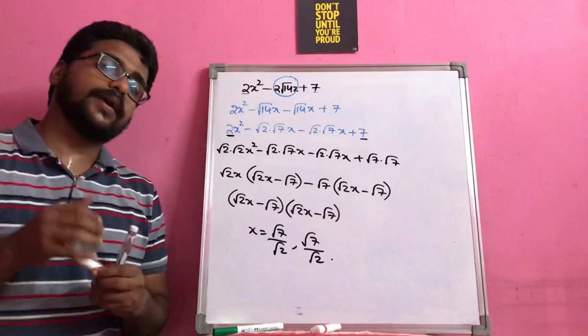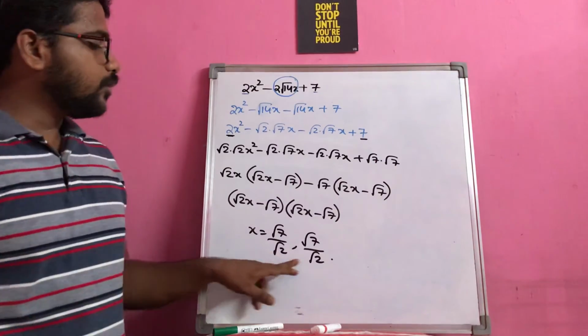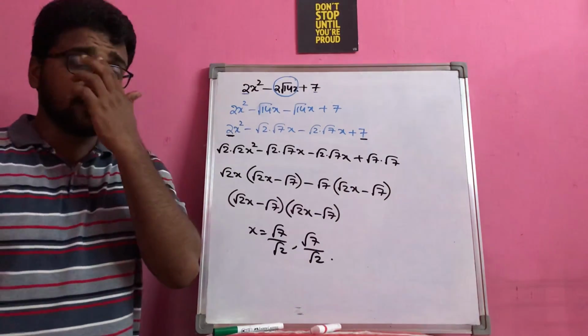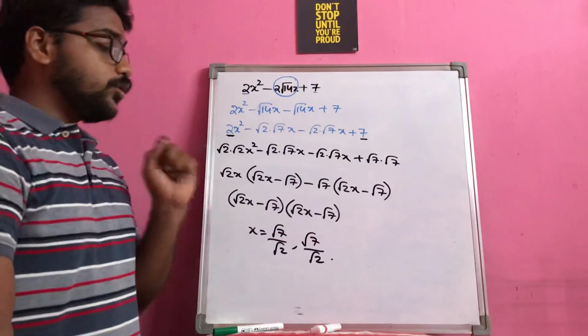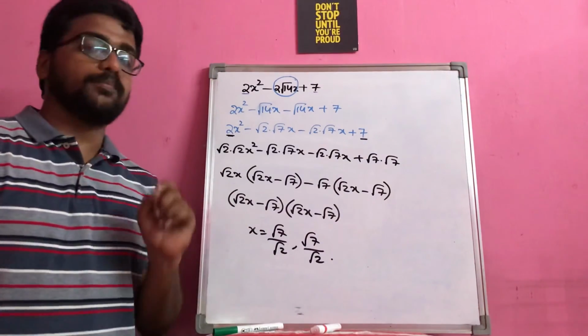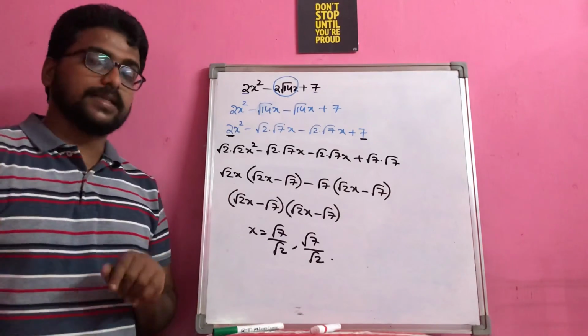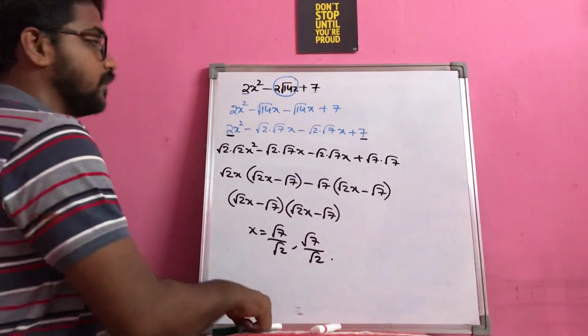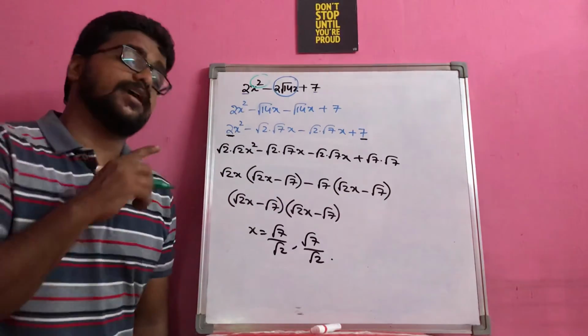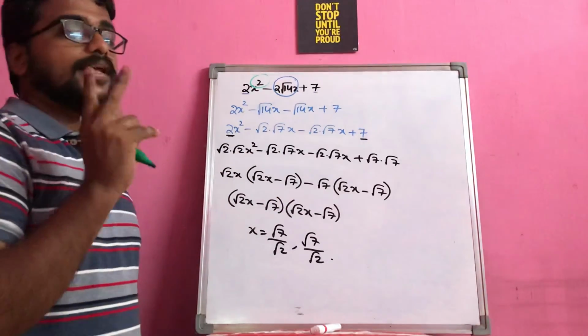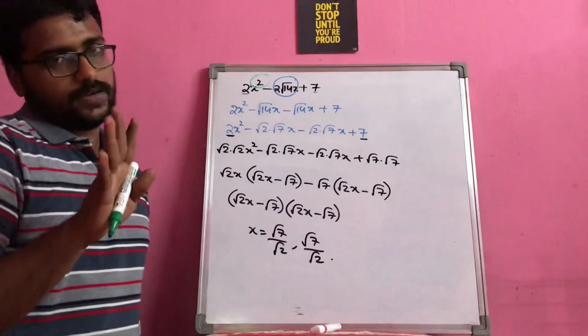Now the doubt you may get is, as both are repeating, do we need to mention both the roots or is it enough to mention one root alone? You have to mention both the roots because both the zeros you have to mention. For the simple reason, I told you it's a quadratic polynomial because it is having a degree of 2. The degree indicates how many solutions it will have.